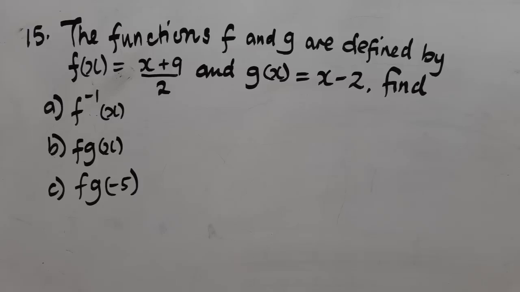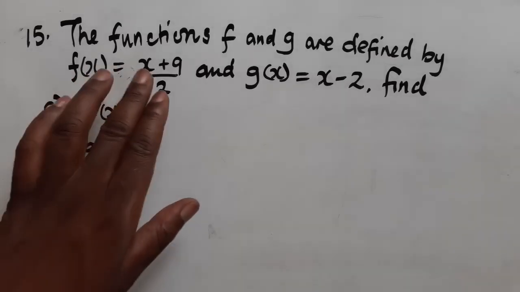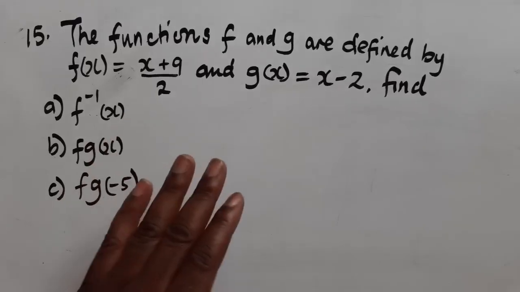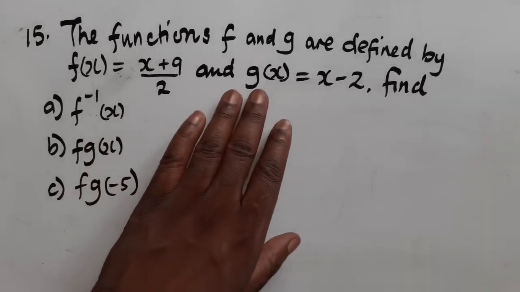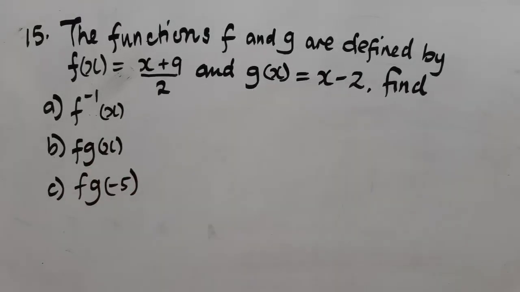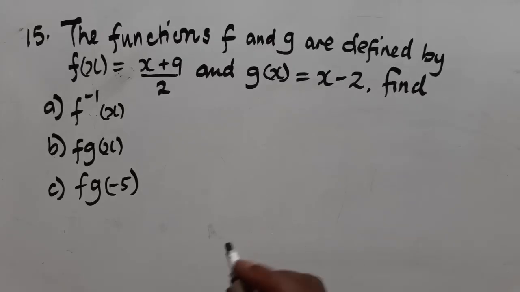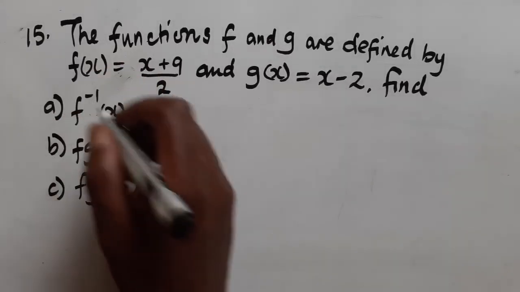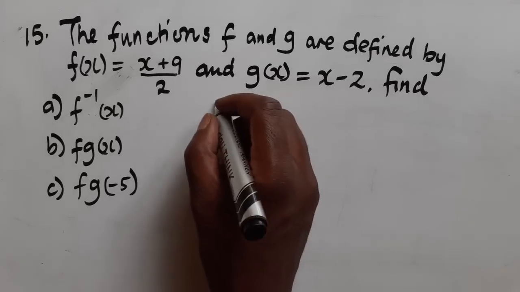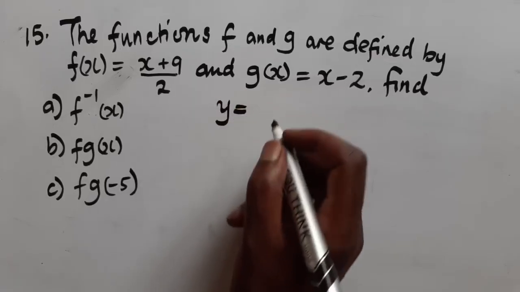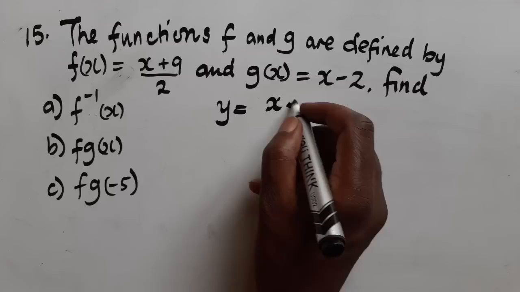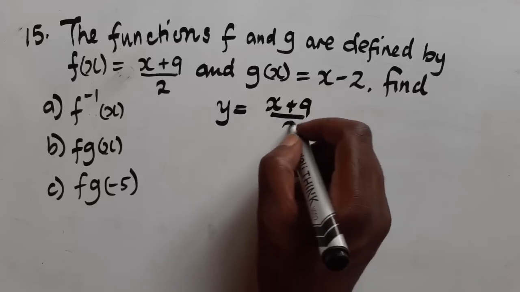So the functions f and g are defined by f(x) equals x plus 9 over 2 and g(x) equals x minus 2. So find the inverse of f. So what do we say about the inverse? The first thing we say, where there is f(x), you put y, then you say y equals x plus 9 over 2.